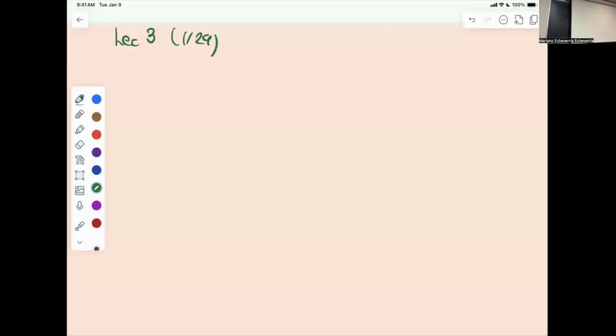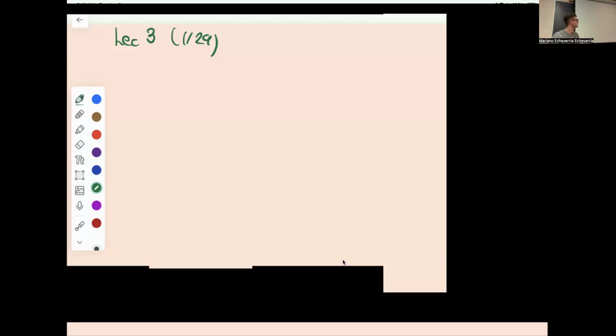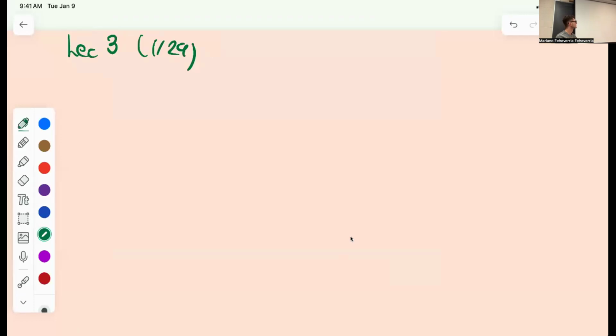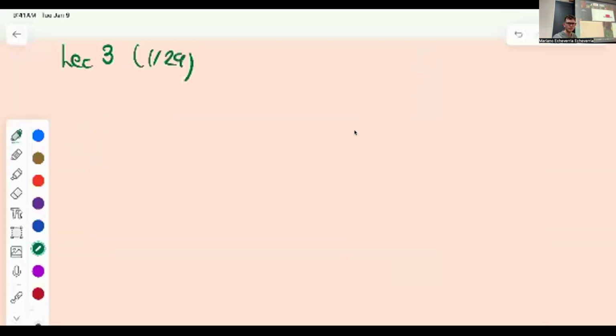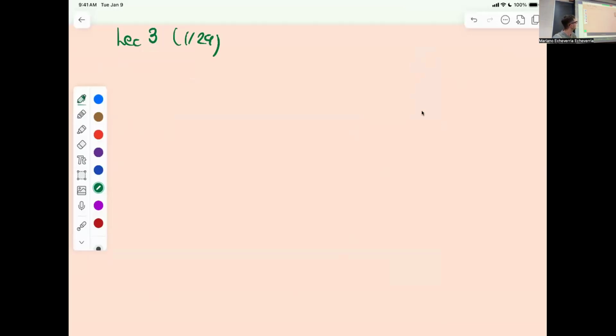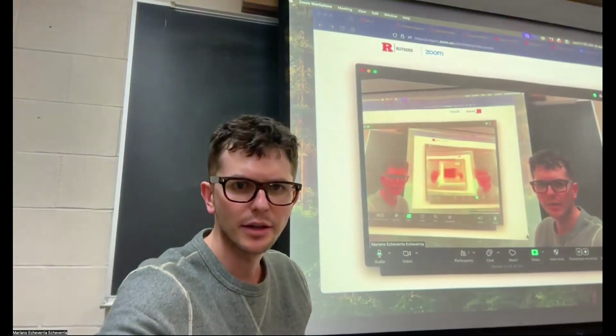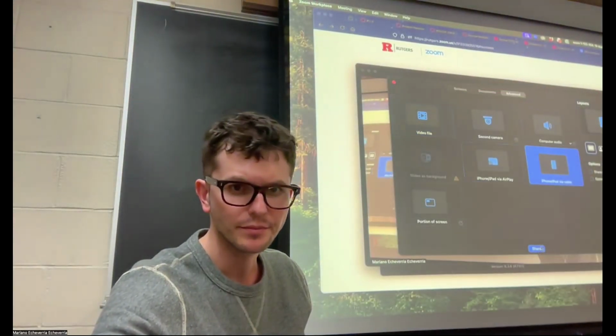Oh, I haven't turned on the projector. And I haven't connected this. Let me stop sharing and try it again because it looks smaller than usual.